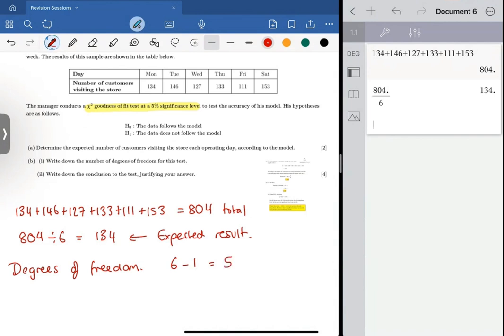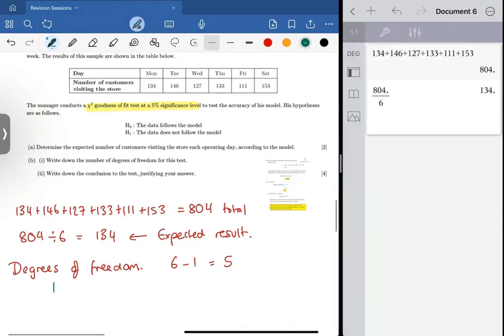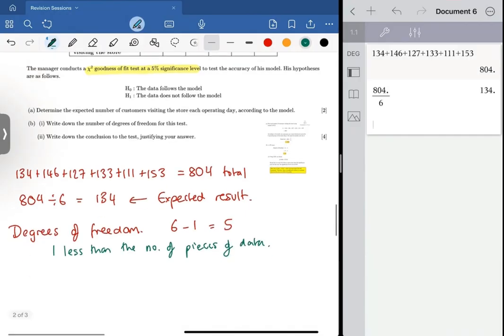It's always one less than the number of pieces of data that you have. Okay, so write down the conclusion to your test justifying your answer.